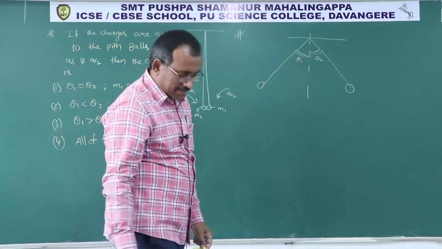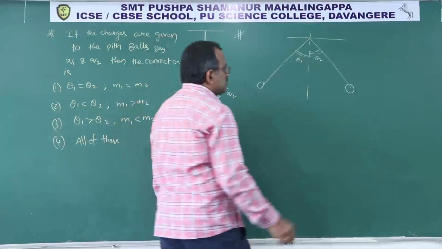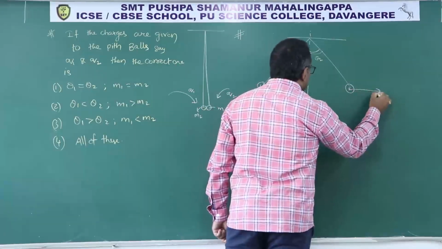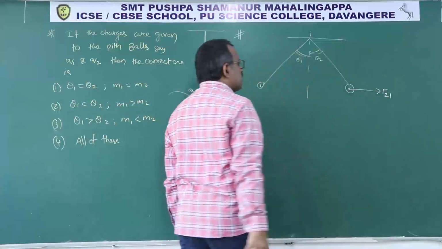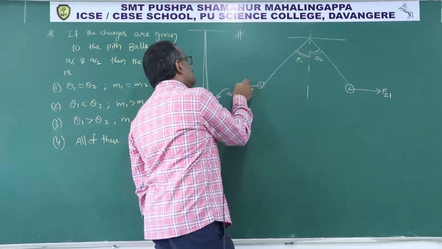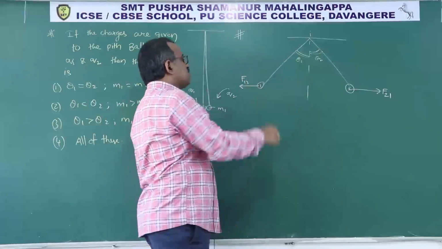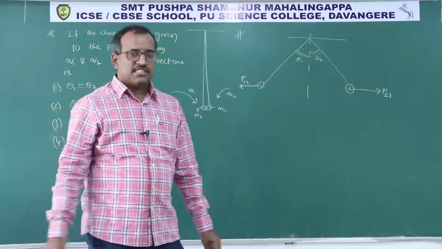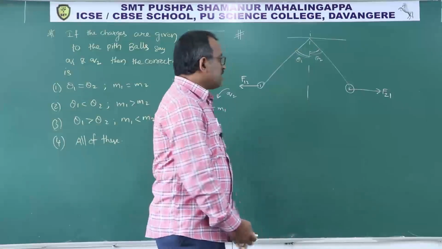So let us try. This is 2, this is 1, and this is the force acting on 2 by 1, a Coulombic force of repulsion, and this is the force acting on 1 by 2, which is also a Coulombic force of repulsion. For every action, there is equal and opposite reaction, right?